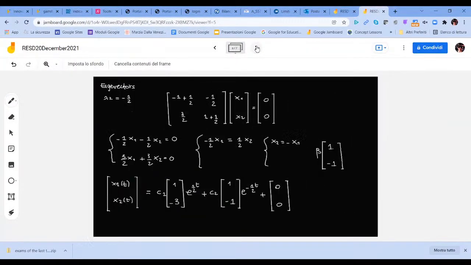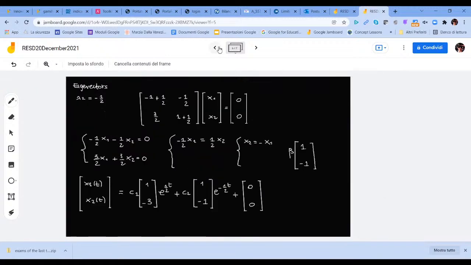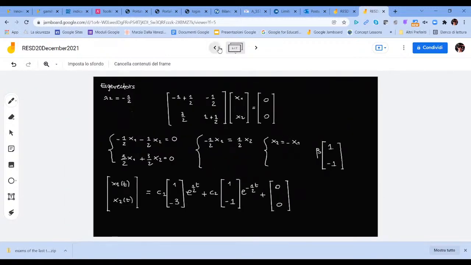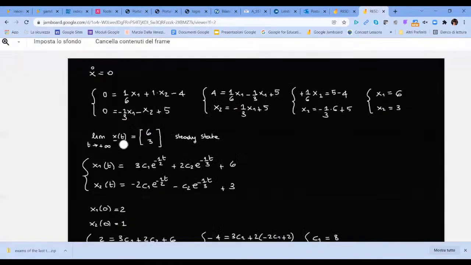Because we have to compute the limit that should give us, as I wrote in the second slide, the limit as t approaches plus infinity is the steady state. For us the steady state is 0, 0.